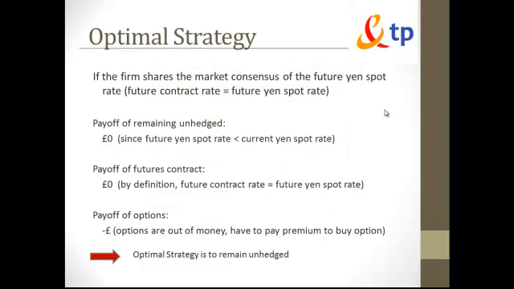We won't really gain anything from those options, but we'll have paid in order to buy them. So in this case, the optimal strategy between remaining unhedged and buying the future contract are relatively equal, but if we remain unhedged, we have less of a transaction cost. So that is the course of action that we would take.